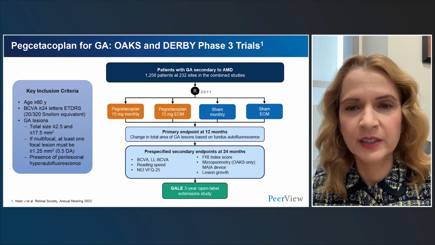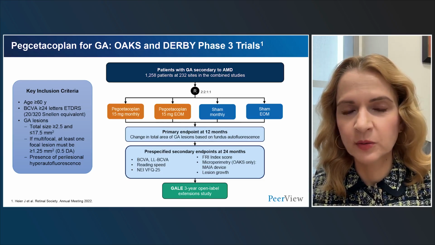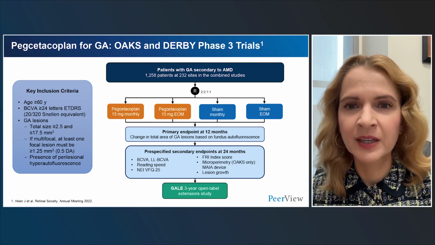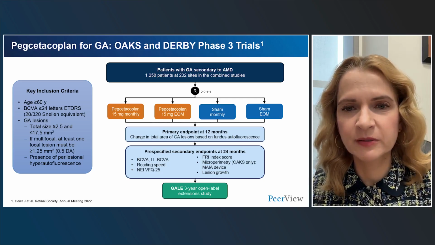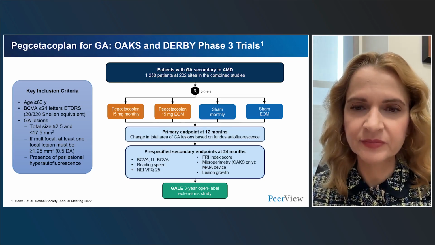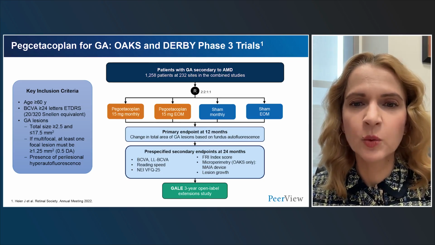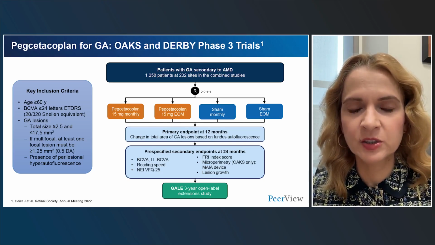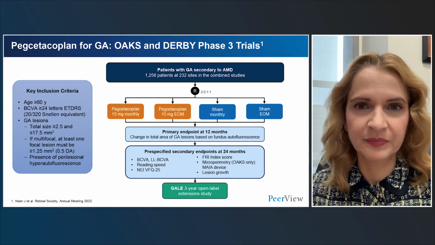The patients were randomized 2-to-2-to-1-to-1 to receive pegcetacoplan either monthly or every other month, as well as sham monthly or every other month. The primary endpoint was read at 12 months, and there were pre-specified secondary endpoints read at 24 months as listed here. The studies continued with a 3-year open-label extension study named GALE.